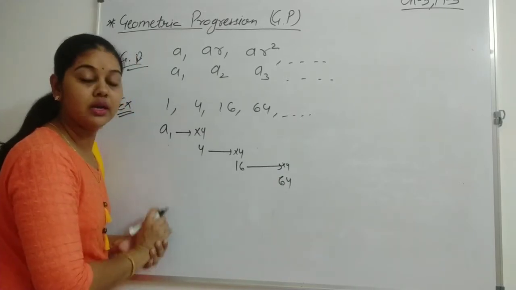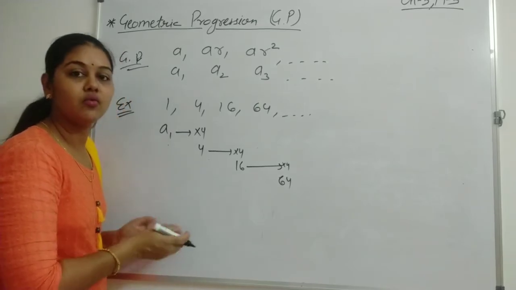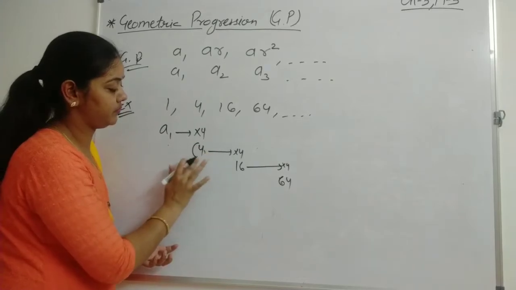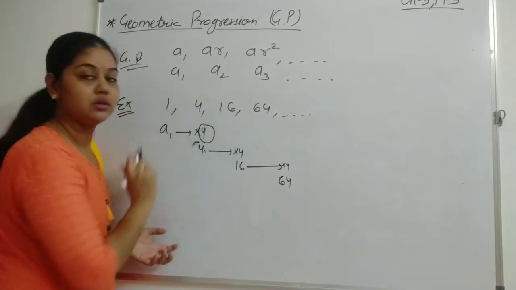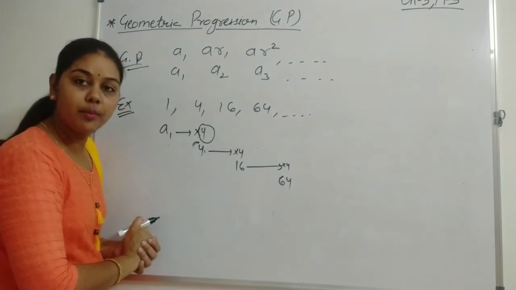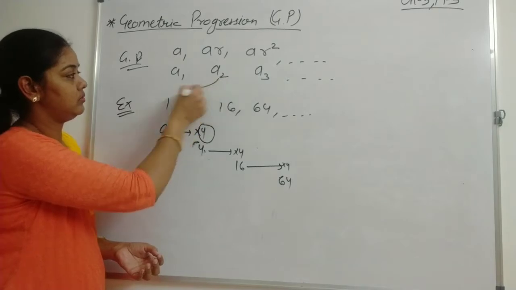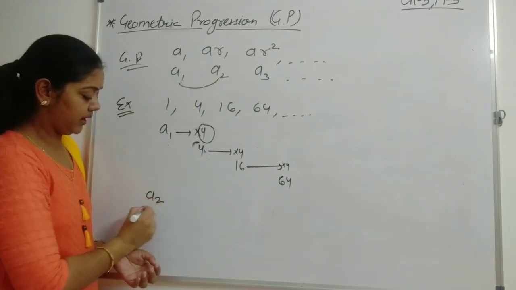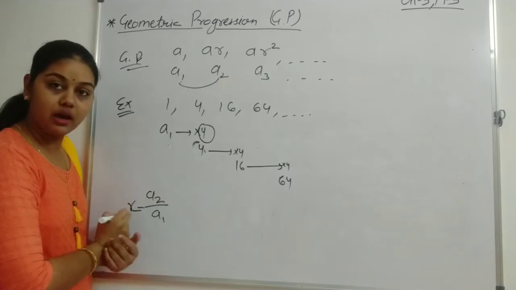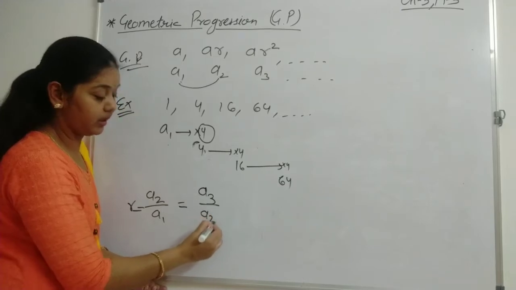And so on. In this way, we get the next term when the previous term is multiplied with some common number. This common number is called the common ratio, and we get it from A2 upon A1, or I can again say A3 upon A2.